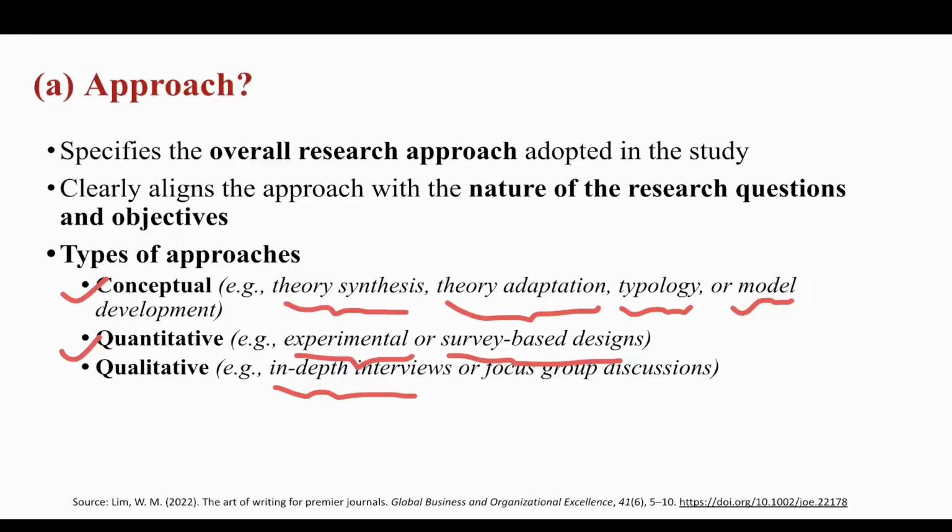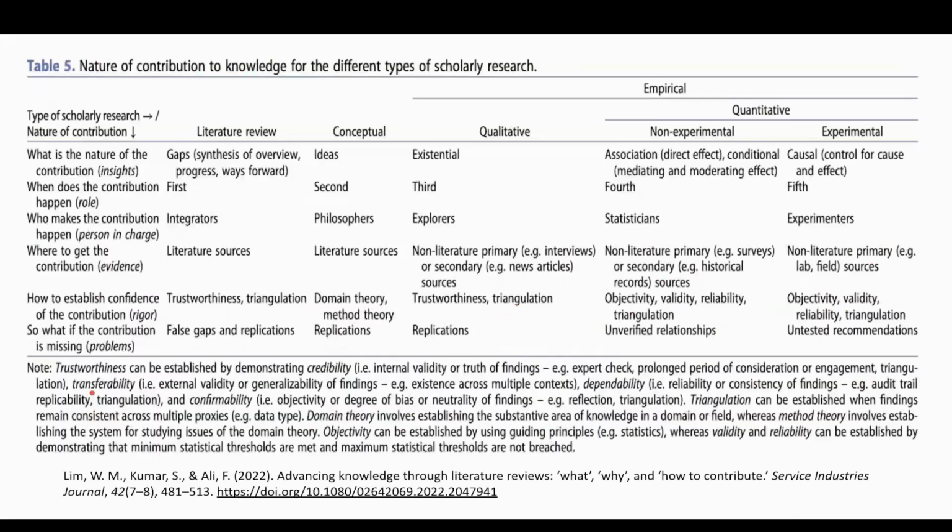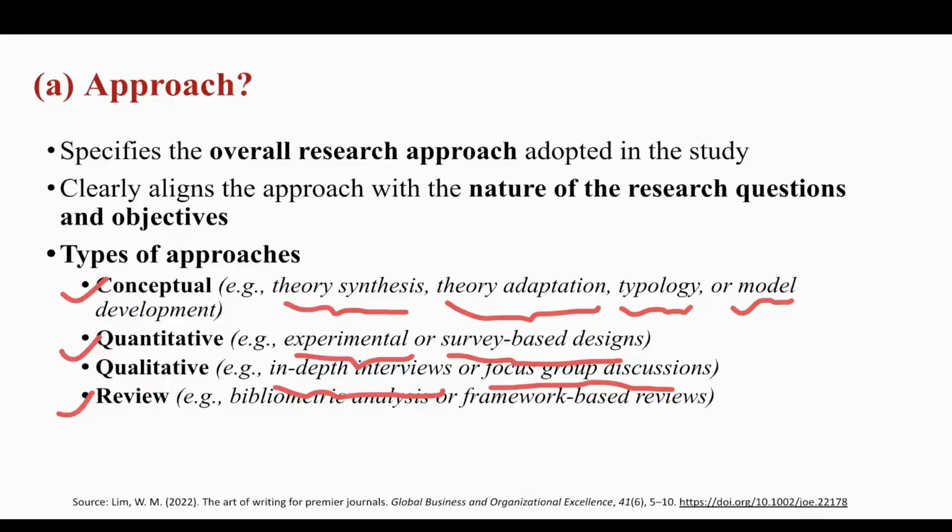Are we doing in-depth interviews, or are we doing focus group discussions? What exactly are we doing? If it is a review article, whether it's a bibliometric analysis or framework-based review, we have to discuss this in detail. So we have to be very clear about it.